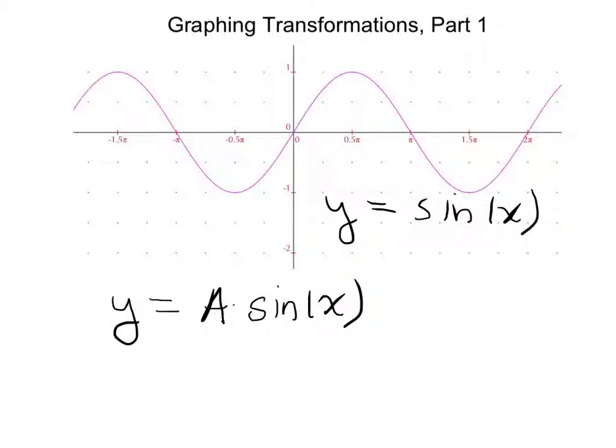If that number is less than 1, it's basically going to compress the graph. The domain is certainly not going to change. It'll remain all reals. But what's going to happen is the graph will either be stretched vertically, getting larger, or compressed vertically, getting smaller. So let's look at a couple of examples.